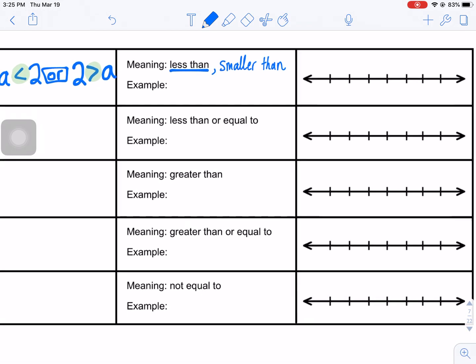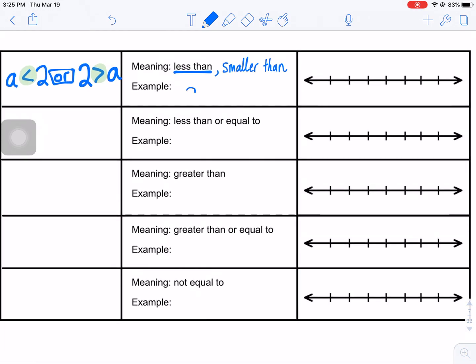If we were to graph an example, like a is less than 2, on our number line, we need to have the number 2.